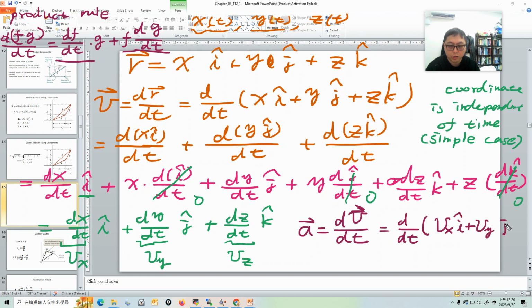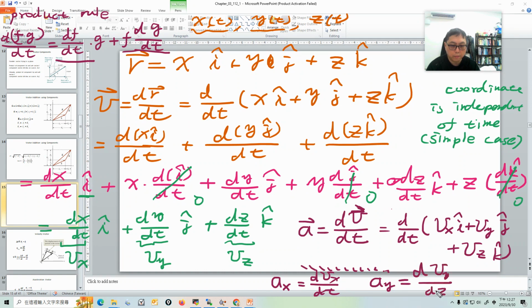Finally, the x component of acceleration is dvx/dt, the y component is dvy/dt, and the z component is dvz/dt.